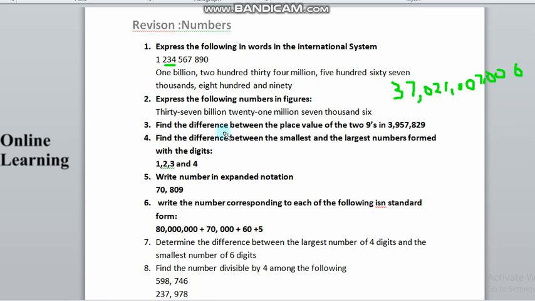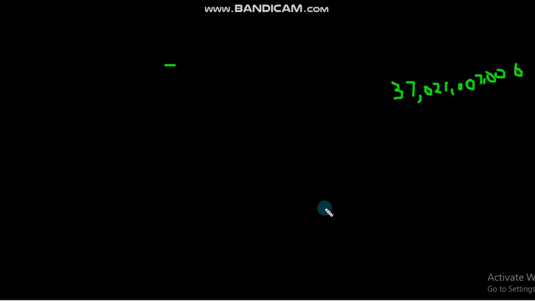Next one, find the difference between the place values of 9. That means we have to subtract the place values of 9. The first 9 is on ones, that means we have 9.